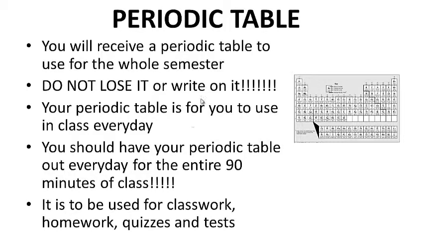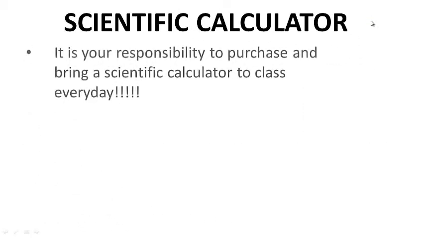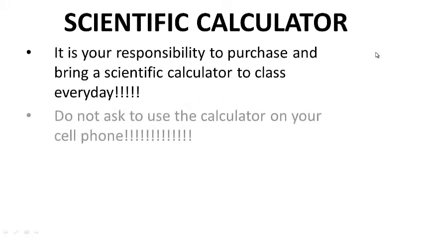So finally, a scientific calculator you should purchase. You need a scientific calculator in class every day as well, just like your periodic table. Do not ask to use the calculator on your cell phone. During tests, I will take it, because students have in the past taken pictures of test questions on the test.